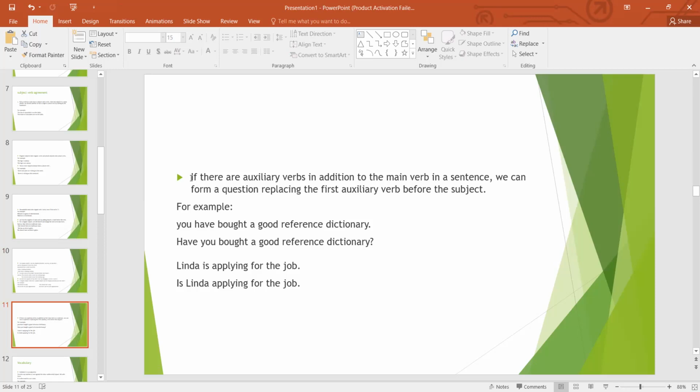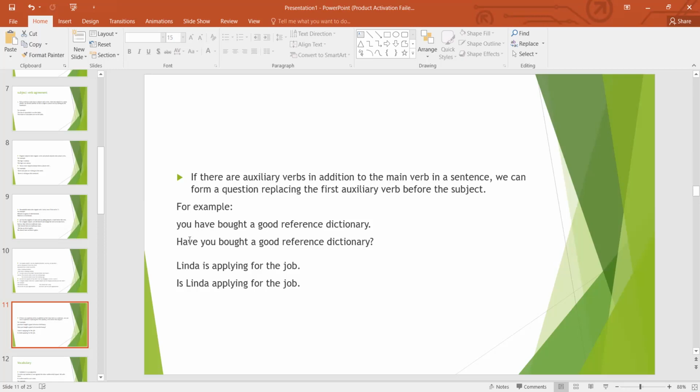So if you're making a question, you need to put the auxiliary verb in front of the sentence to make it a question form.